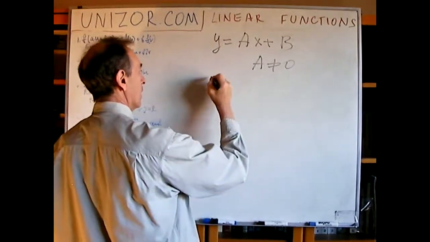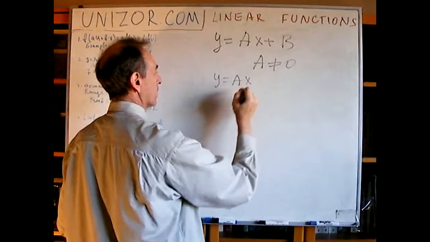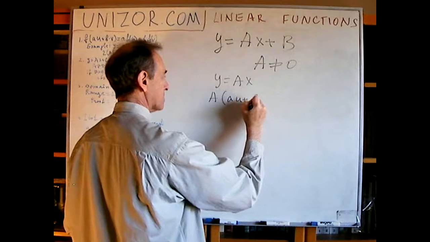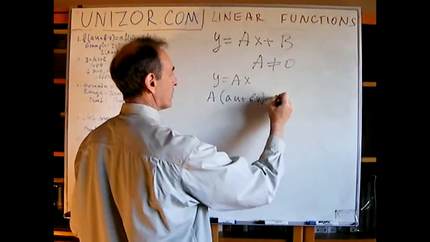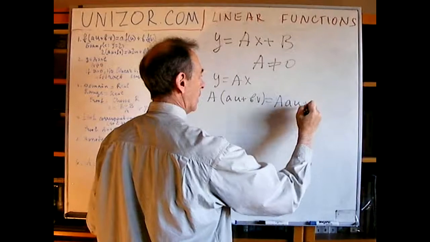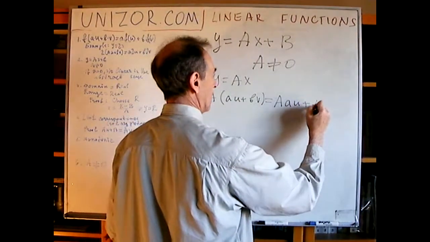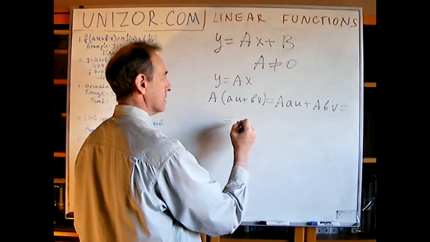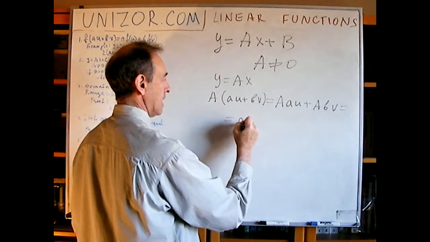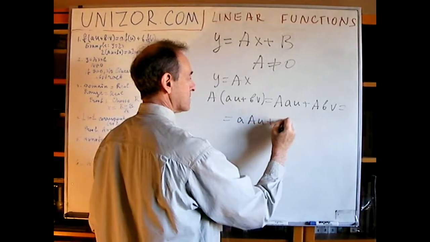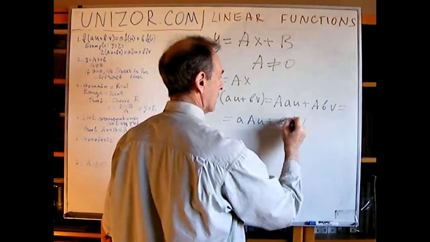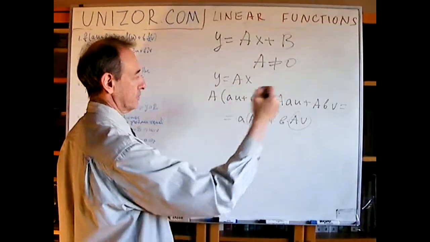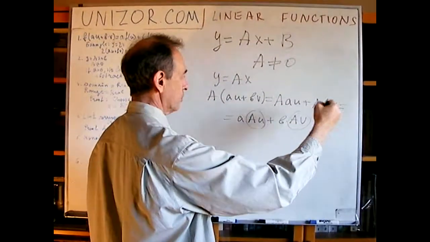Well, indeed, if y is equal to ax, then a times au plus bv is equal to, let's open the parentheses, it will be a times au plus a times bv, which is the same thing as a times au plus b times av. So these are exactly, if you remember, function f of u and f of v.